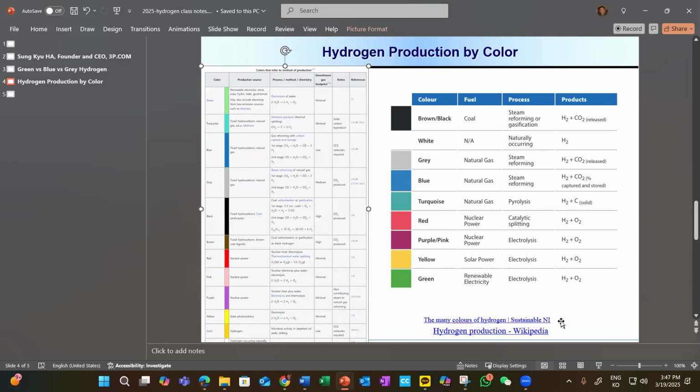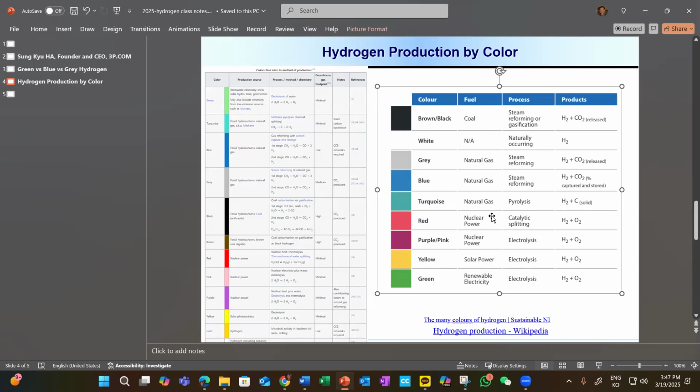You can easily find it. Okay, let's go through this. This is a relatively short form, and this is a complete form.